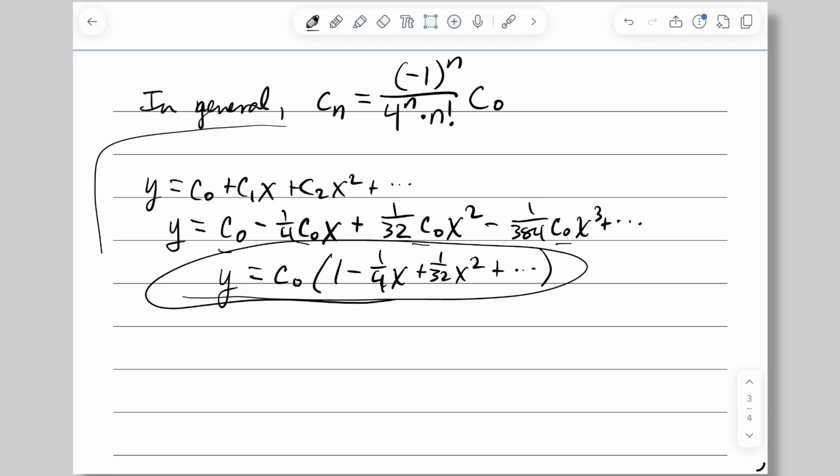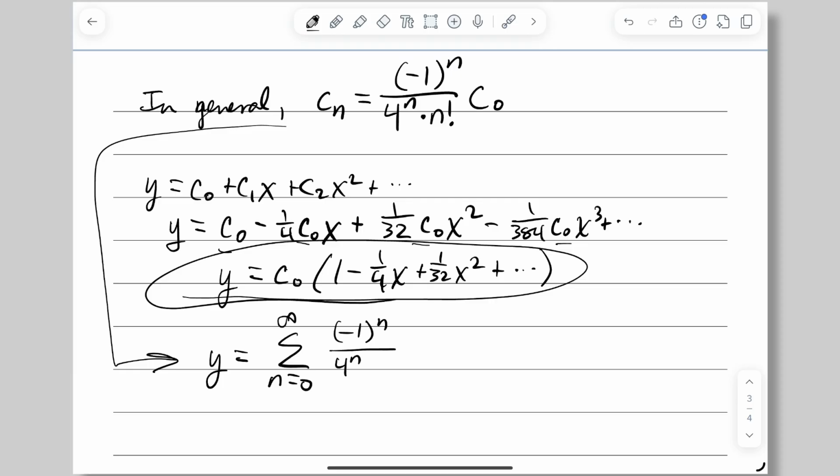But when we see this c sub n, the general term, this leads us to y is equal to the sum as n goes from 0 to infinity of negative 1 to the n over 4 to the n times n factorial x to the n, with the c sub 0 factored out. And if you remember your power series, you'll know that this is c sub 0 times e to the negative x over 4.